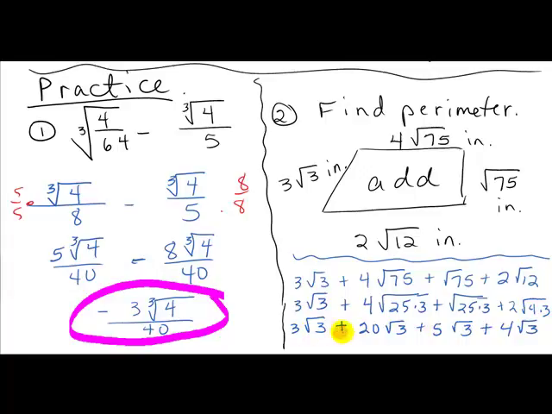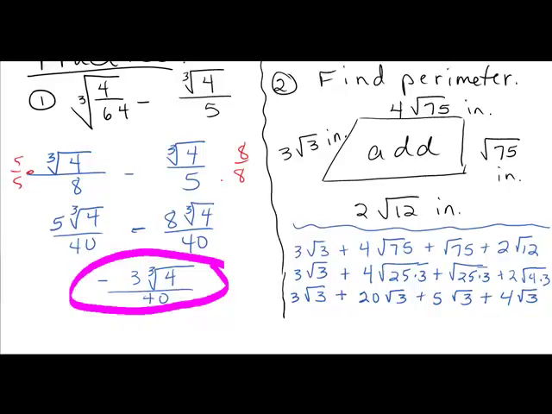The next step is to go ahead and simplify. The square root of 25 is 5. 5 times 4 is 20. Here's the 5 on the outside. Square root of 4 is 2. 2 times the 2 that's on the outside is 4. Notice we have like terms all the way across. So now we're going to add 3 plus 20 plus 5 plus 4 to give us our final answer.